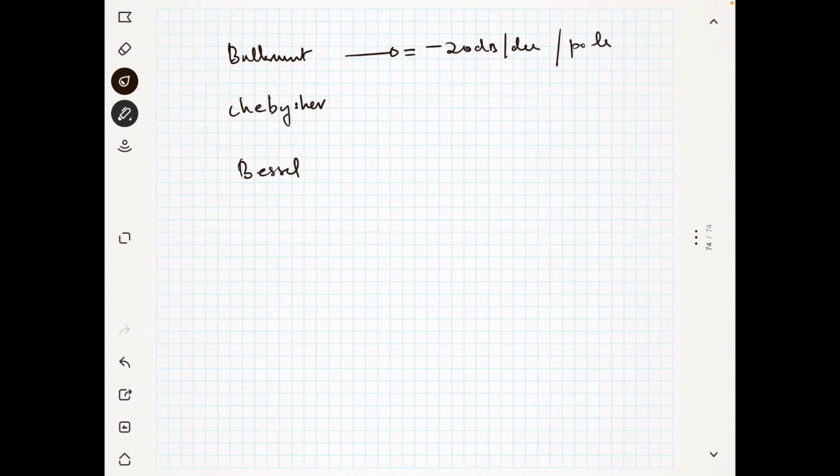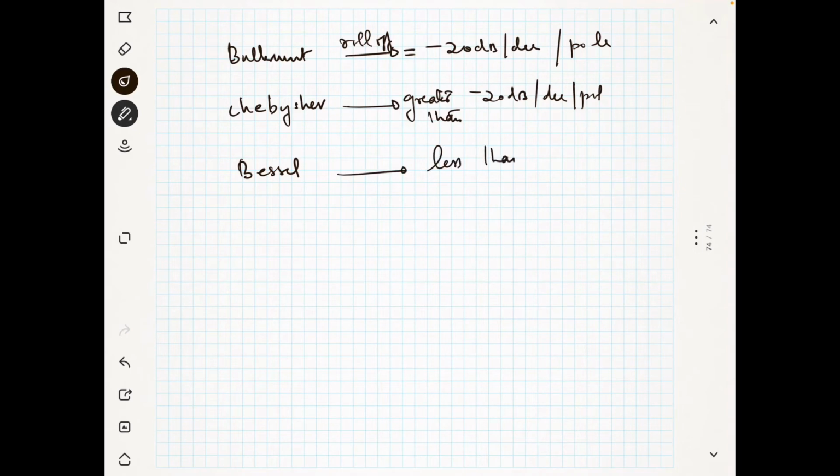So I am talking about roll off, how fast it is decaying. This is the decay rate, that's the roll off. Now Chebyshev means it's greater than minus 20 dB per decade per pole, and Bessel is less than minus 20 dB per decade per pole. That's it. So these are all the characteristics.